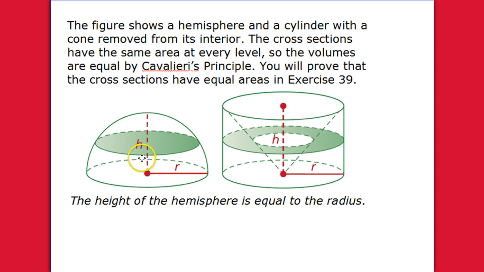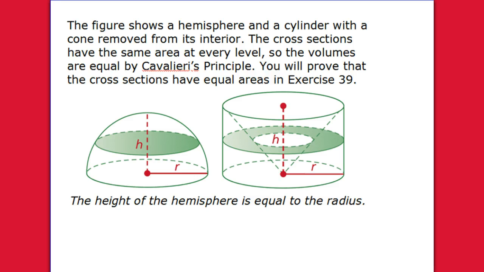We will prove that the cross sections have equal areas in an exercise that we will do. So the height of a hemisphere is equal to the radius. That makes sense, right? Imagine that this was an entire sphere. The height is from the center point to a point on the sphere, which is equal to a radius, right?